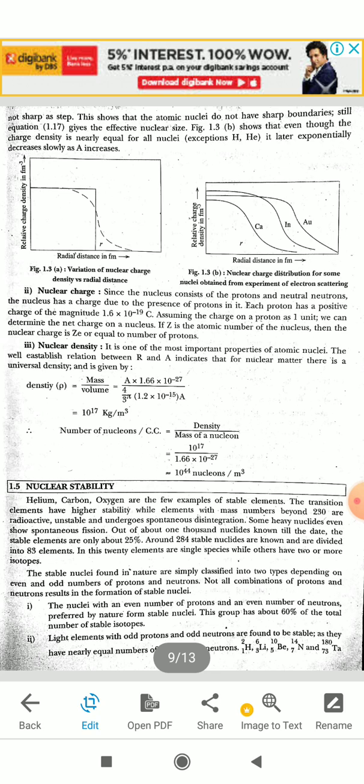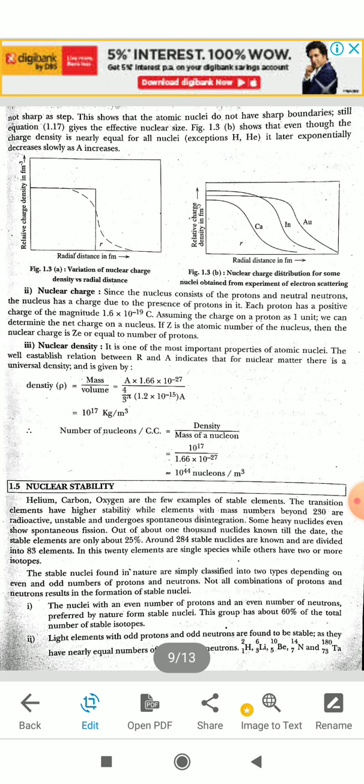The first case is nuclei with an even number of protons and an even number of neutrons. In this group, about 60% of the total stable isotopes form this category. So 60% of stable nuclei fall into this category, nuclei with an even number of protons and an even number of neutrons.